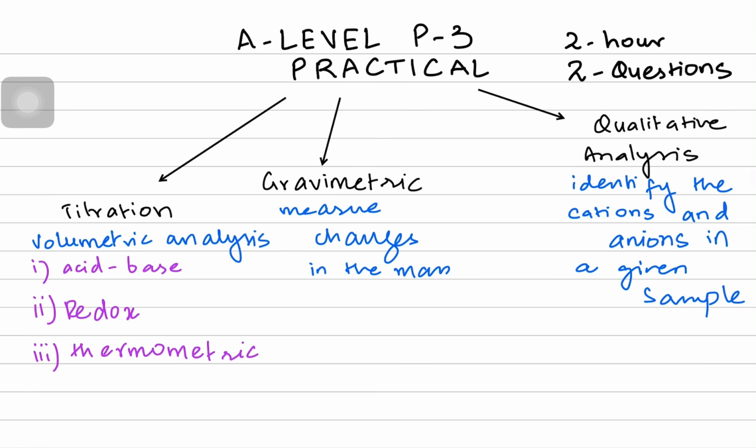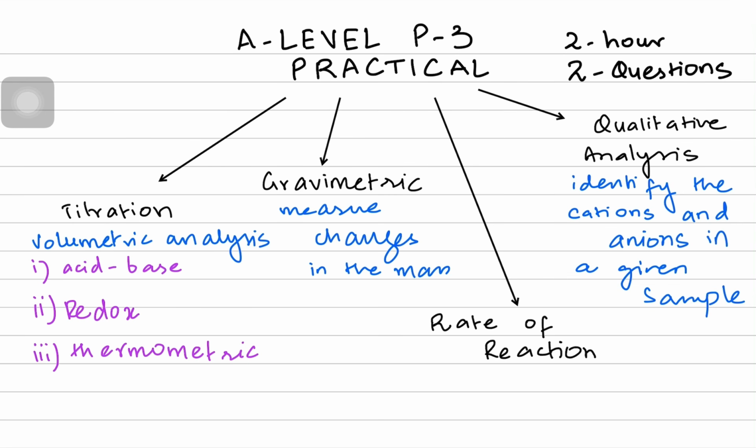Another kind of question that you might encounter is a question on rate of reactions. So you also have rate of reaction questions where you see how fast the reaction is going on.